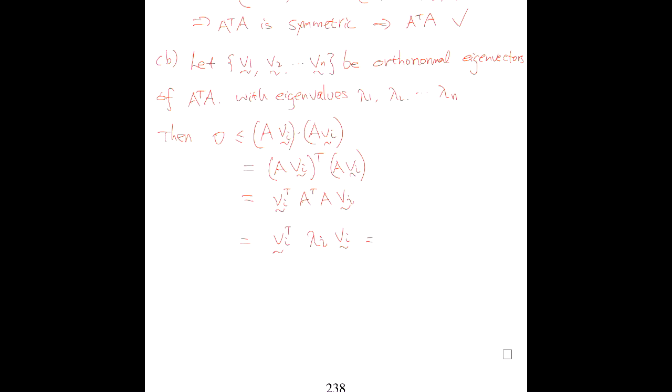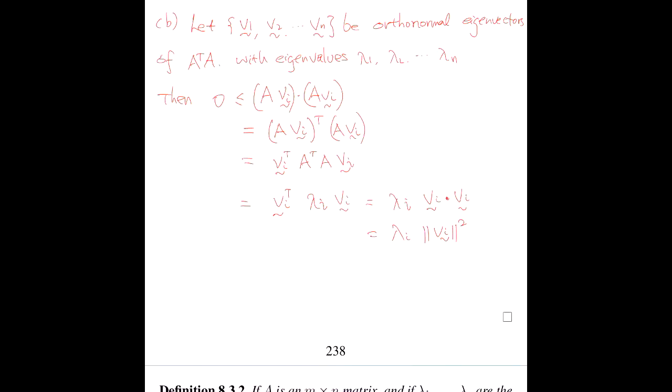Then again, this is equal to lambda i times vi dot product vi. Of course, vi dot product vi is just the norm of vi squared, which is 1, because vi is orthonormal.